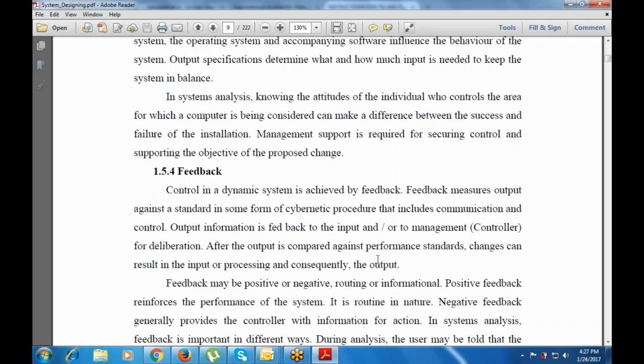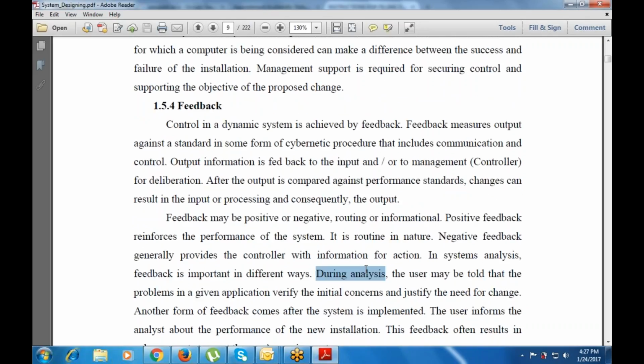But negative feedback generally provides the controller with information for action. That means what action is to be taken. In system analysis, feedback is important in different ways. During analysis, the user may be told that the problem in a given application verifies the initial concern, the initial data, and also justifies the need for the change.